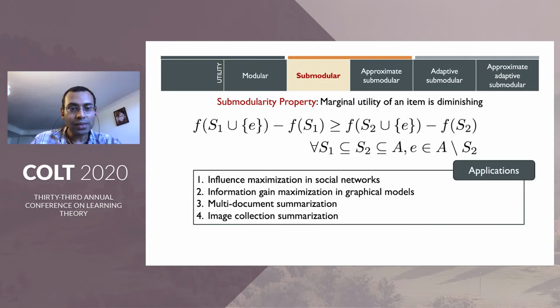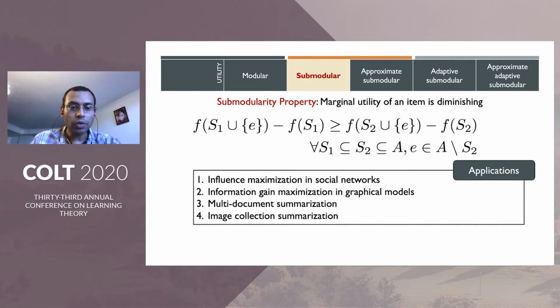We can generalize modular into submodular utility functions, and as you know, submodular functions have this diminishing returns property. Suppose you have picked a set of items S1, and you add a new item E to it, you get some marginal utility.